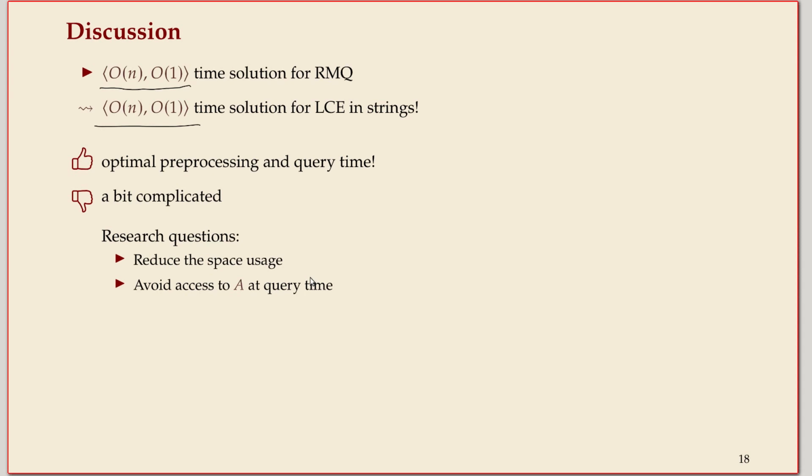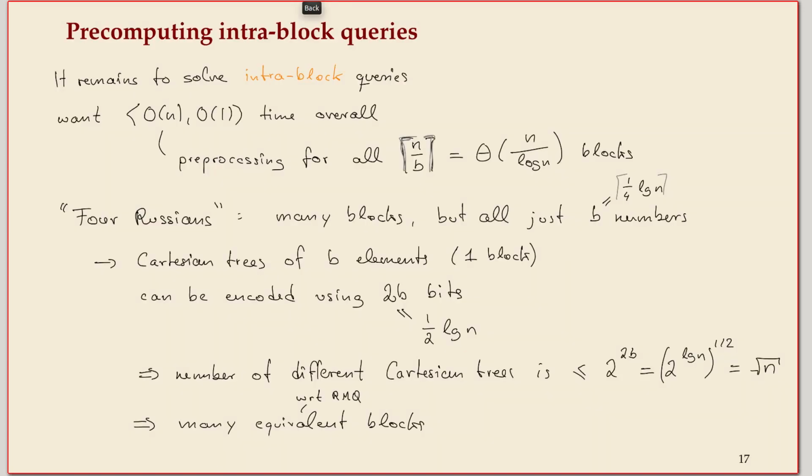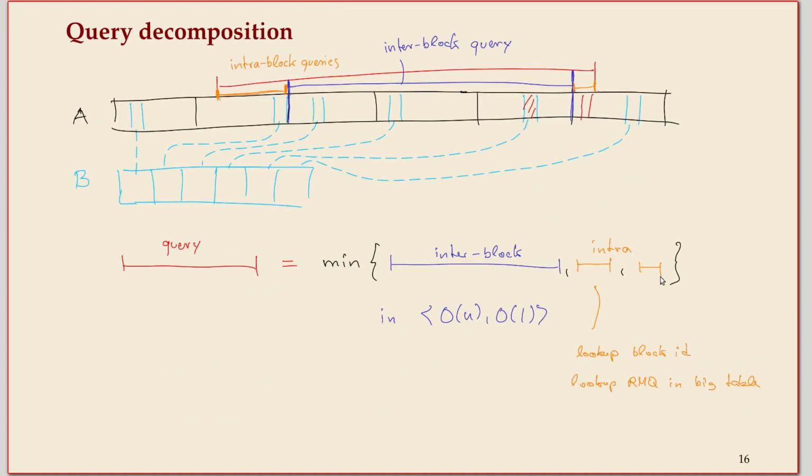I said at the beginning of this unit that essentially the space is bounded by the pre-processing time, and that's true. But it turns out that the space here is in words and not in bits, and you can bring the space down further. And a second interesting step is we can avoid to actually access the array at query time, which our solution currently still does if you look at how we answered queries.